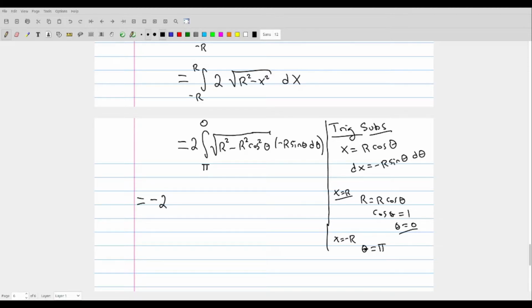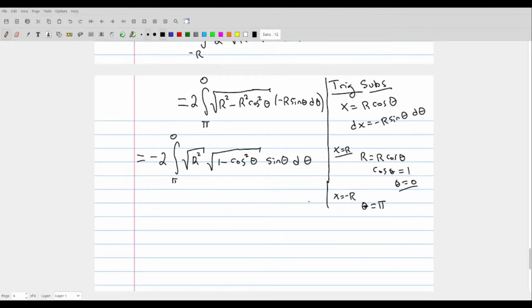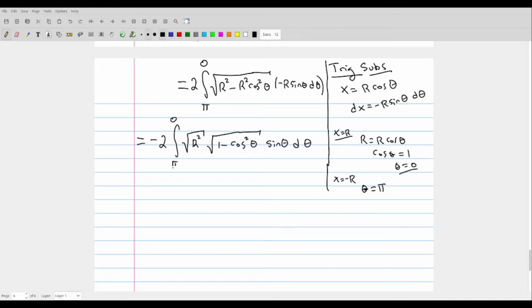It's negative 2 times the integral from pi to 0 of the square root of r squared times the square root of 1 minus cosine squared of theta times sine of theta d theta times r. There's an r right here as well. So the square root of r squared is just equal to r.